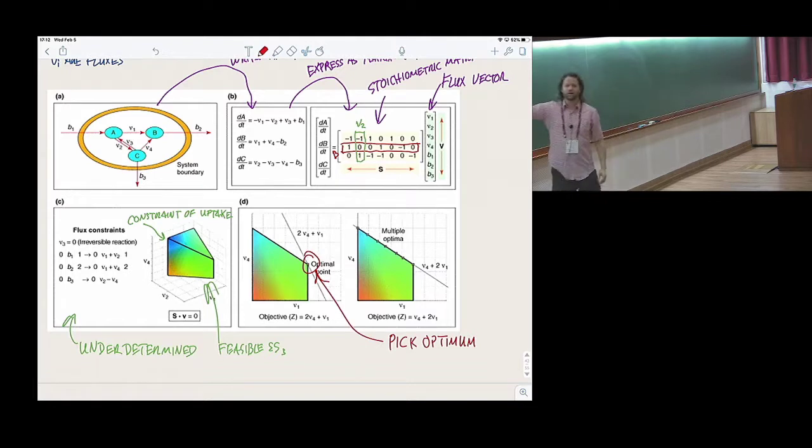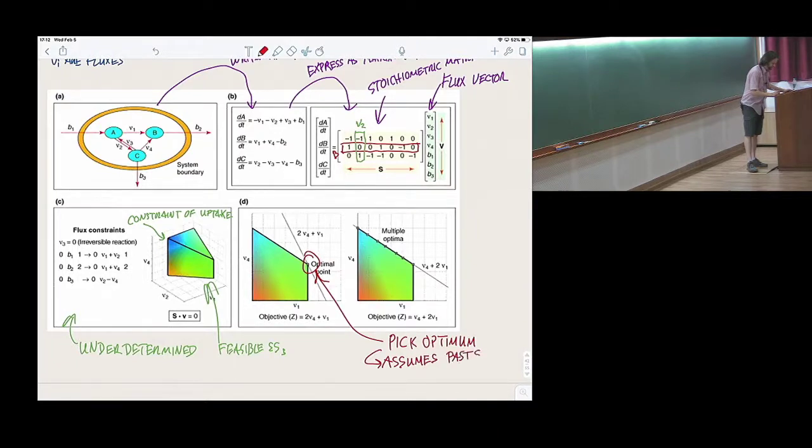So ultimately it's an evolutionary optimality model. So it assumes past selection for optimality. All right?